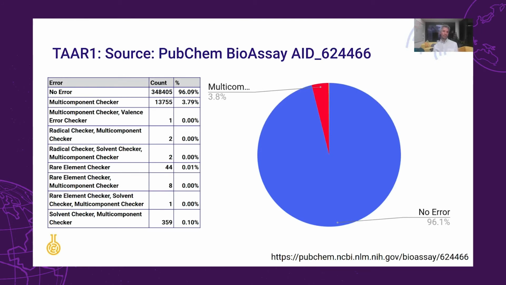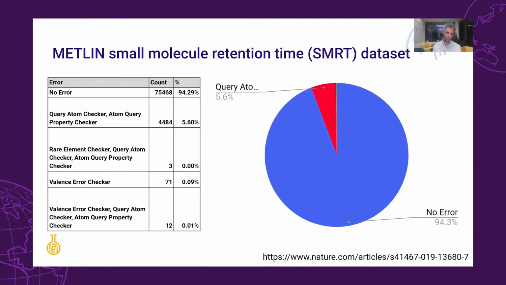A larger dataset, an HTS campaign result published in PubChem BioAssay, had close to 4% multi-components, as can be in real life in an HTS dataset, but we also found rare elements and solvents in this dataset. And altogether, 4% is to be somehow standardized or turned into a consistent representation.